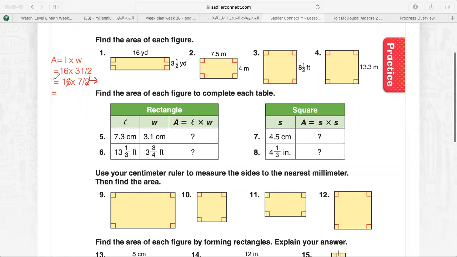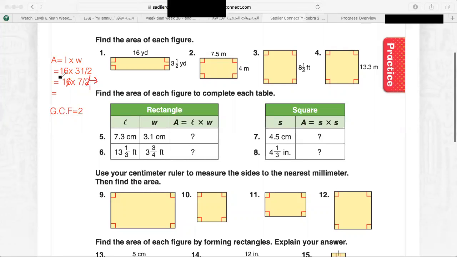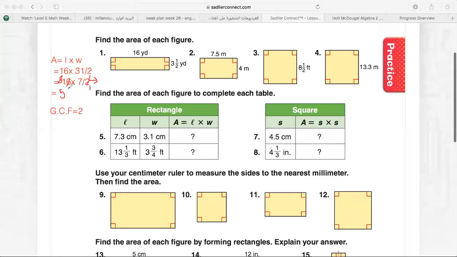Let me write it in another way so you will not get confused. So I'm going to divide by 2 here and divide by 2 here. So here it will be 1 and here it will be 8. 8 multiplied by 7 is 56. And don't forget to put the unit.